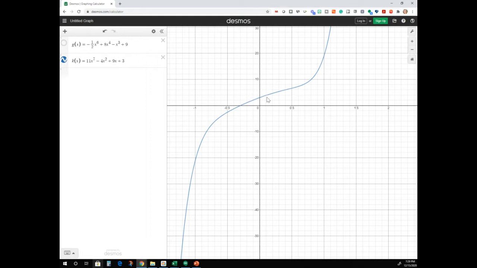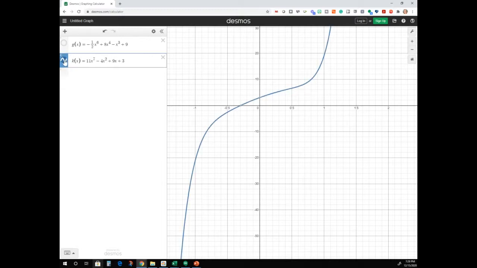Sometimes they interpret this as: how many turns do you have? How many times does it change direction? In this case, it doesn't really change direction except at one point. But we would have a maximum of 6 times that it could change direction.